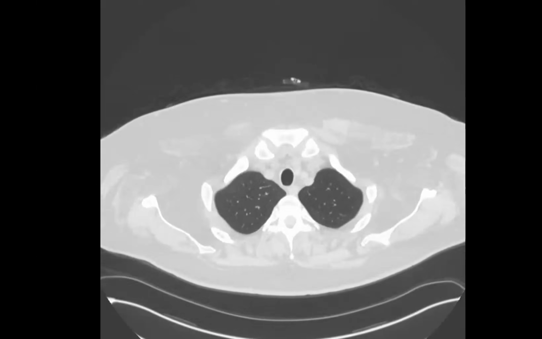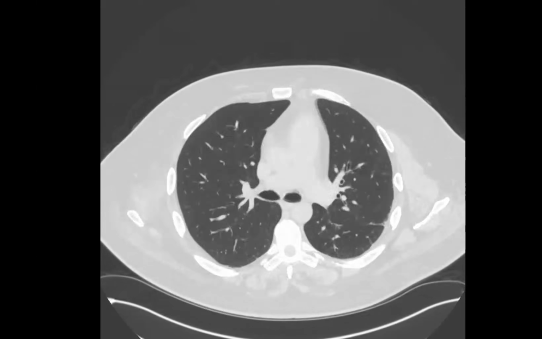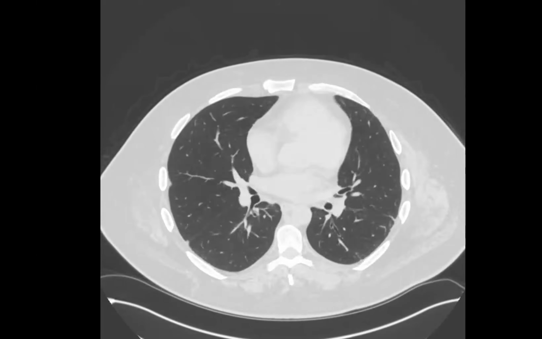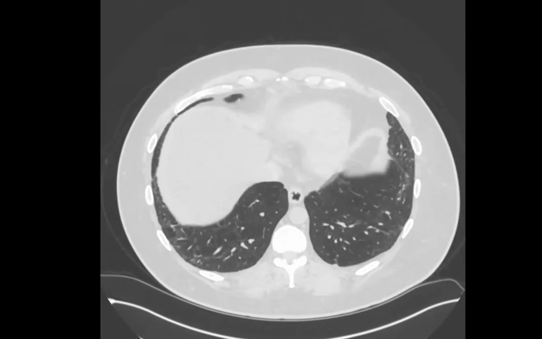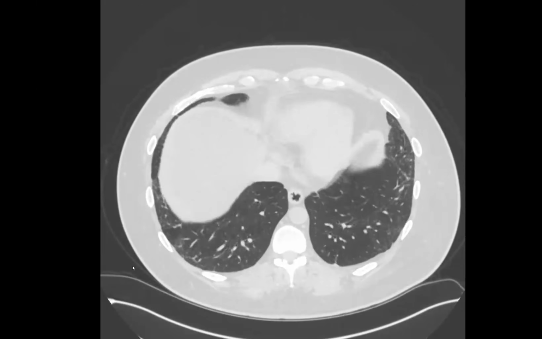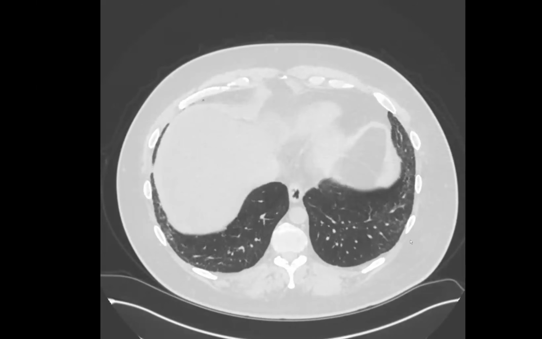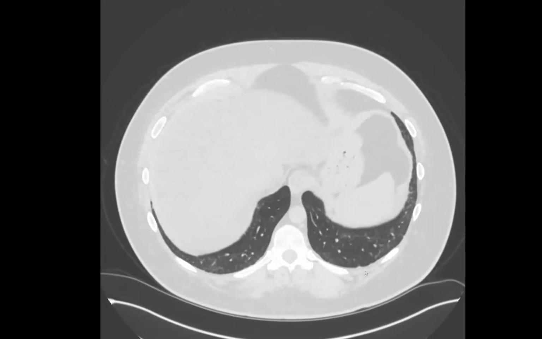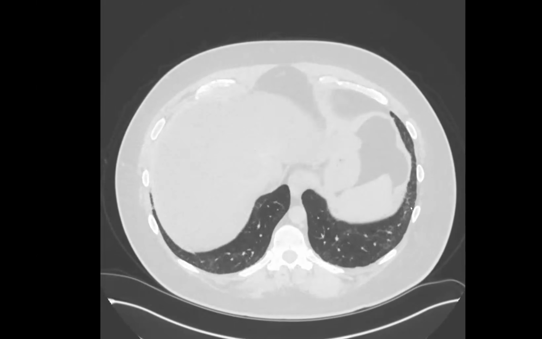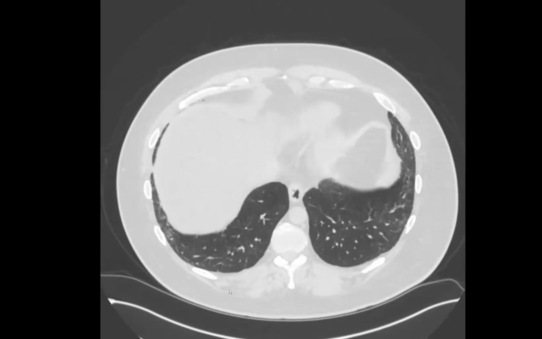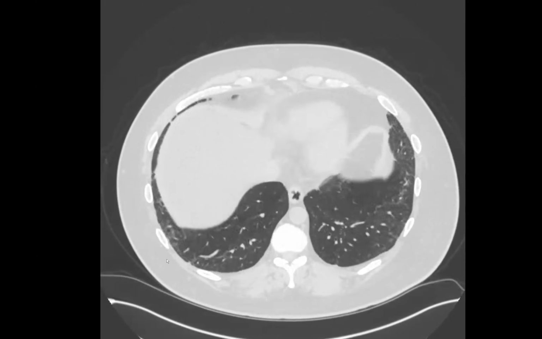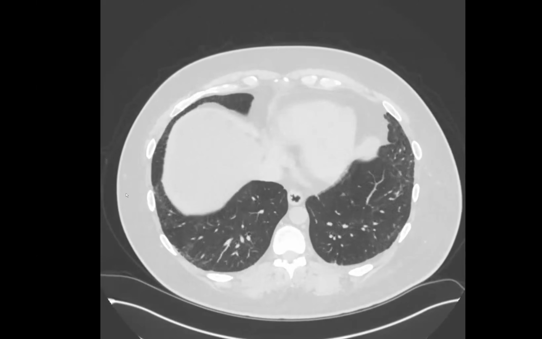So this is a young male in his late 20s who comes with shortness of breath since a long time. What I want you to focus on is the lung bases. These findings have been there for at least 2 or 3 years.